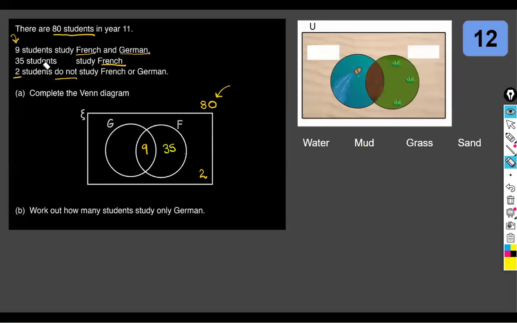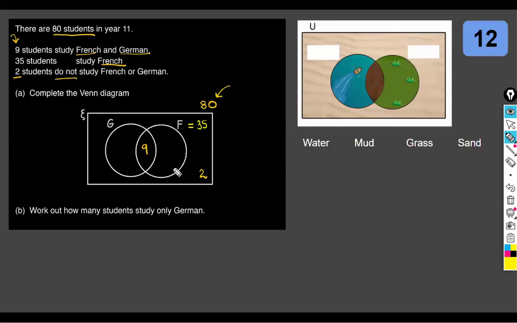I want to do the question like this, right? Without the word only. Anytime they leave out the word only, the value has to go outside the circle. So if they say 35 students study French, that 35 is placed outside the circle, and because it's placed outside the circle, it would represent the whole circle.